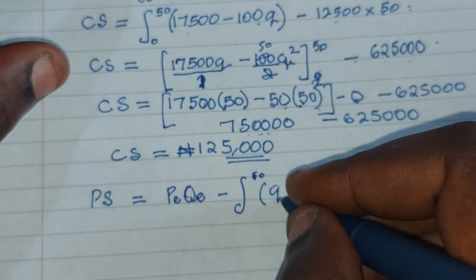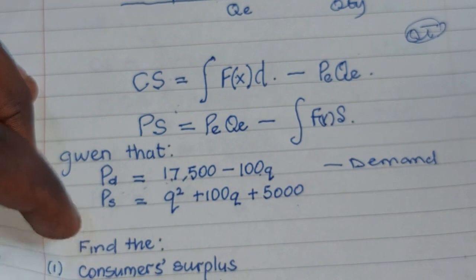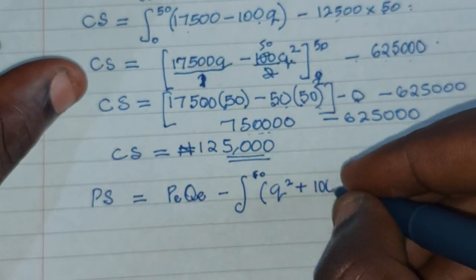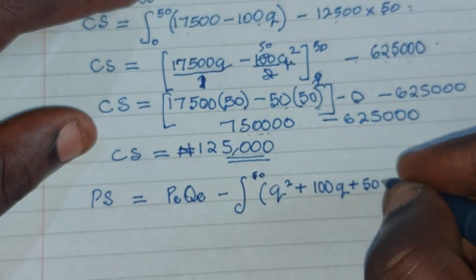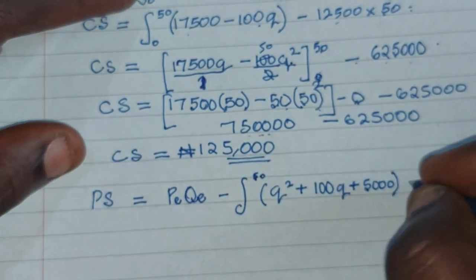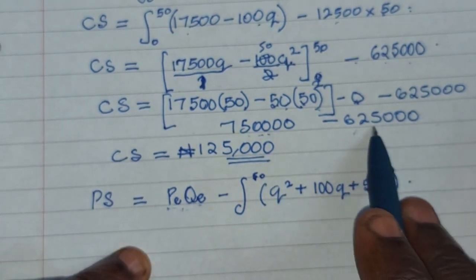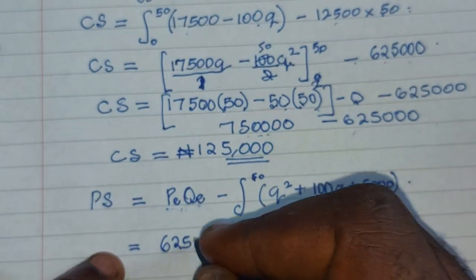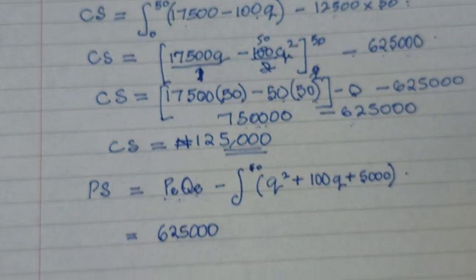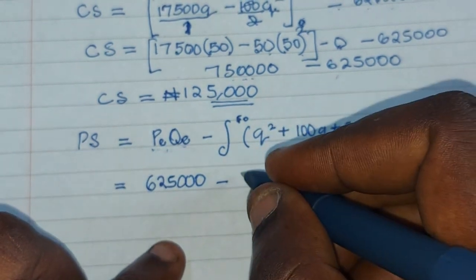So the equilibrium price times quantity has been calculated to be 625,000, minus the integration.